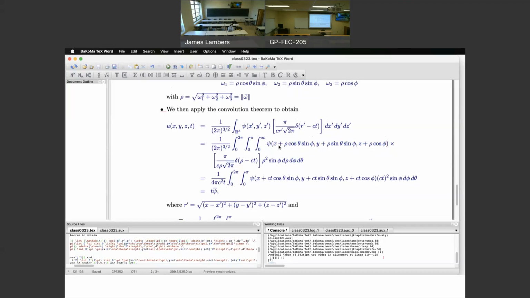Okay. Here's my Jacobian from a change of spherical coordinates. Rho corresponds to the magnitude of the difference between x, y, z and x prime, y prime, z prime. So R prime and rho are the same thing in this case.